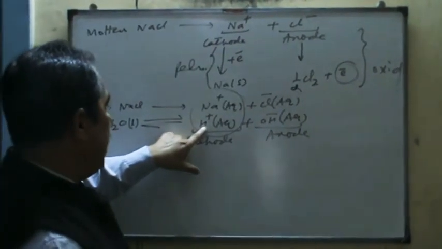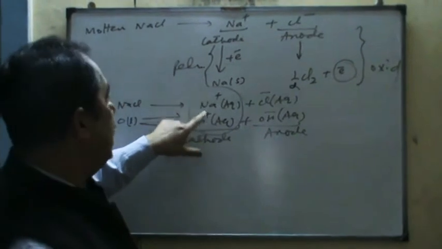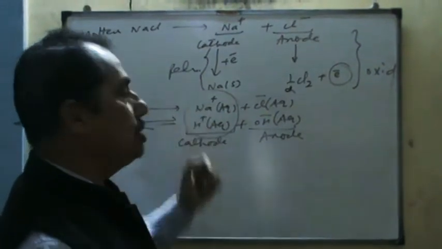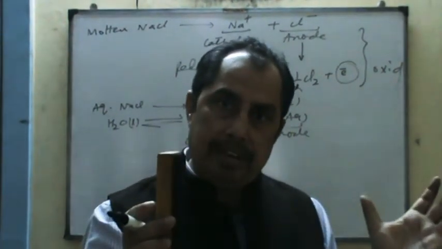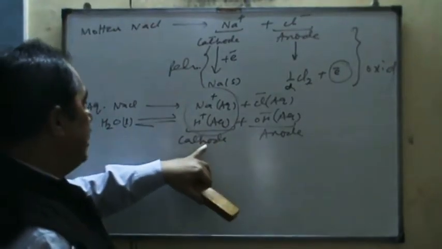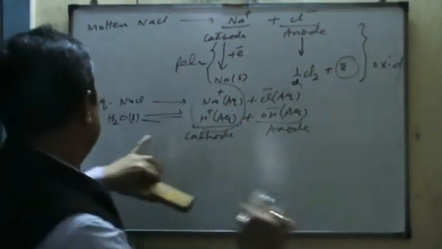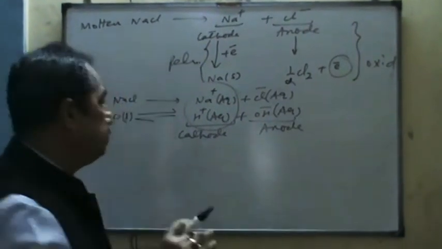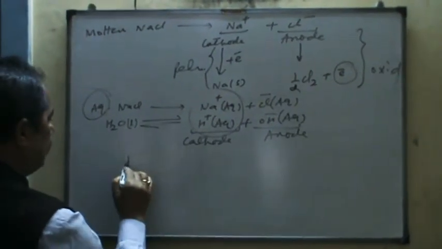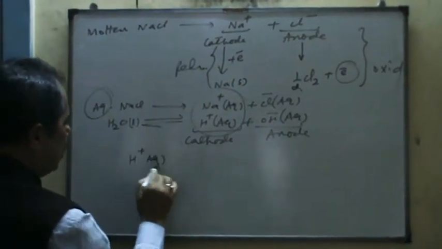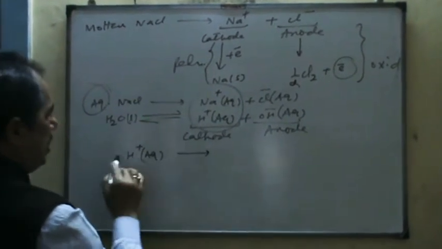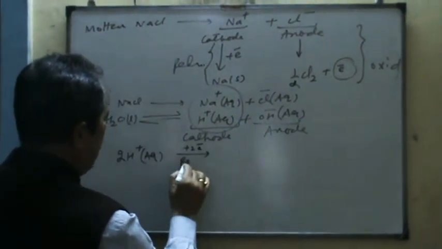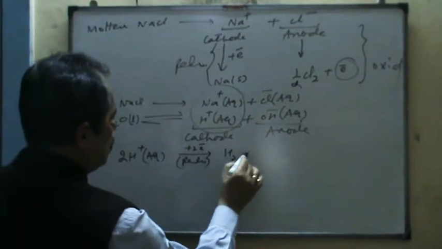Since hydrogen ion has a higher reduction potential than sodium ion, H+ will predominate over sodium ion in the competition and is deposited at the cathode, but not sodium ion, because it is an aqueous medium. You have to compare the reduction potential values. Here, taking 2 H positive aqueous to balance, reduction takes place, then H2 gas.